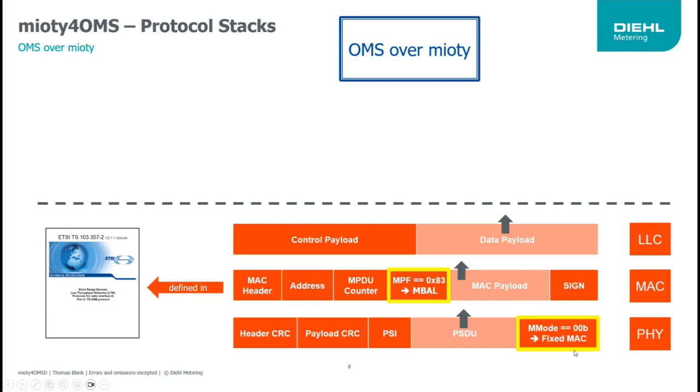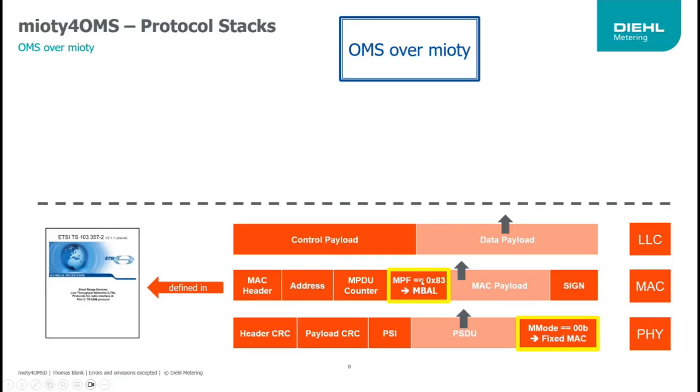This fixed MAC means all those fields are defined in a fixed way, to be applied as defined in the ETSI specification. Those fields are MAC header fields, address fields, counter and signature security relevant fields. And for this OMS over mioty approach, you have this MPF field, the MAC payload field, and this is indicating how it's going further in the upper layers.